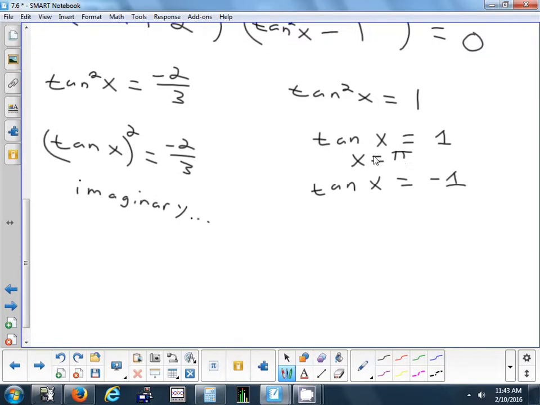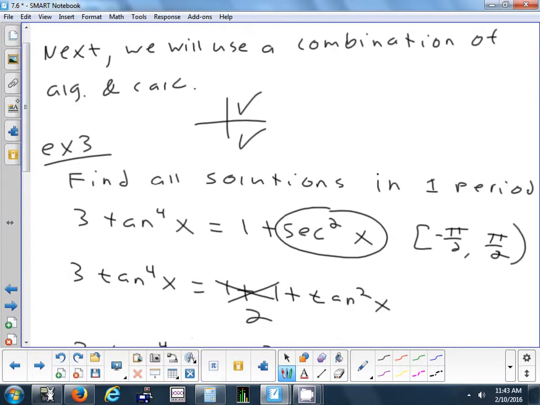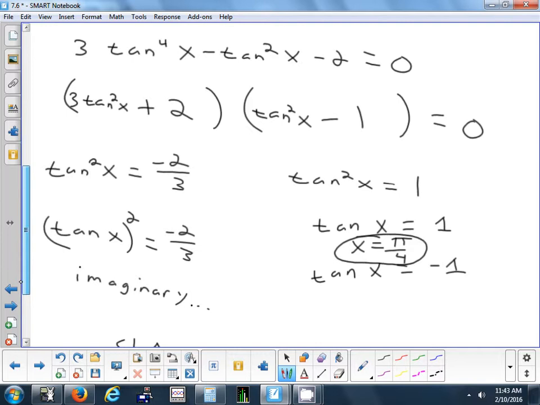Is that between negative 90 and 90? Yep. So this answer is good. Where else is tangent equal to a positive? Quadrant 3. If we do 180 plus my reference angle, am I going to be between negative 90 and 90? No. So they don't want the other answer.